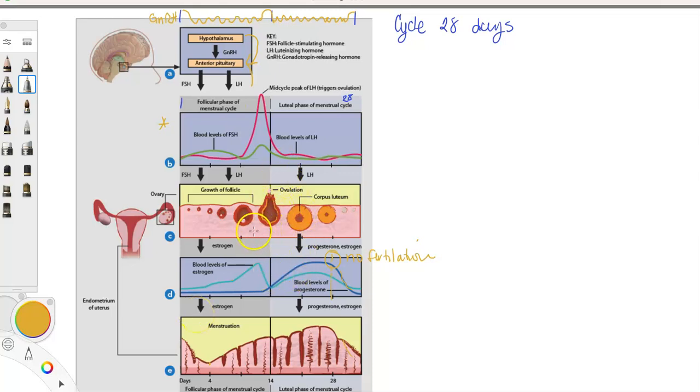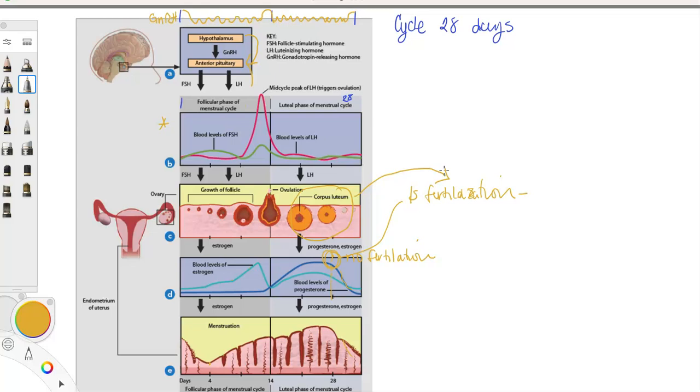So if we get to here, and there is fertilization, then the corpus luteum will take over once the zygote comes together, and it will feed the zygote and make sure the zygote survives to get down to the uterus, to implant into the uterus, and to start growing there.